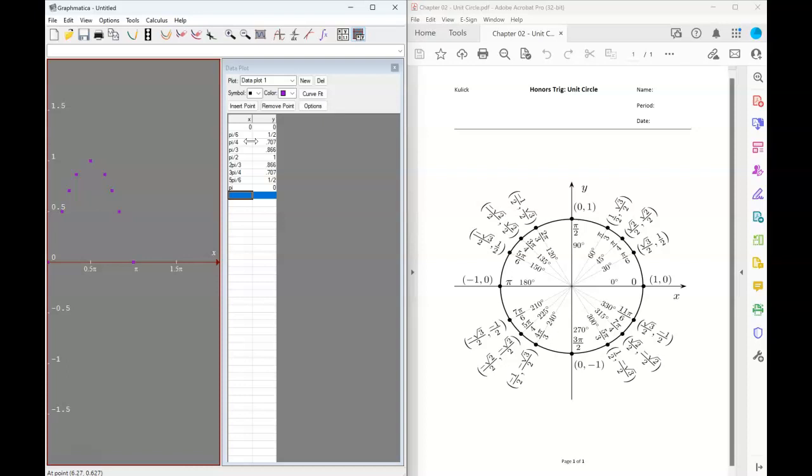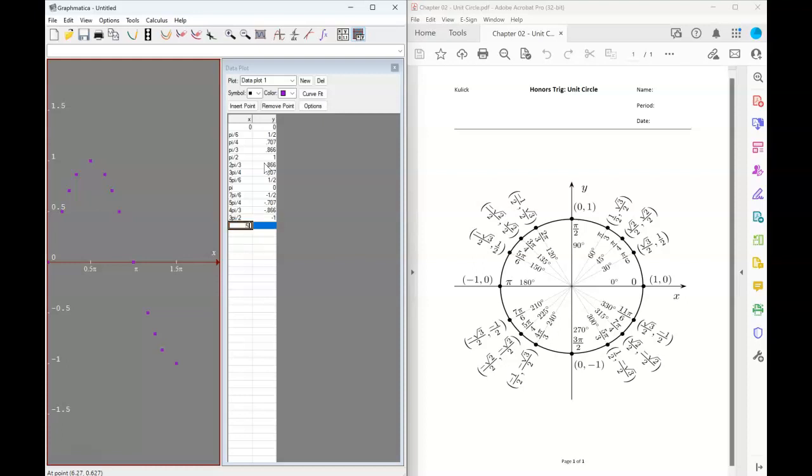So what do you see happening here? Negative 1/2. And 5 pi over 4, negative 0.707. 4 pi over 3, negative 0.866. 3 pi over 2, negative 1.